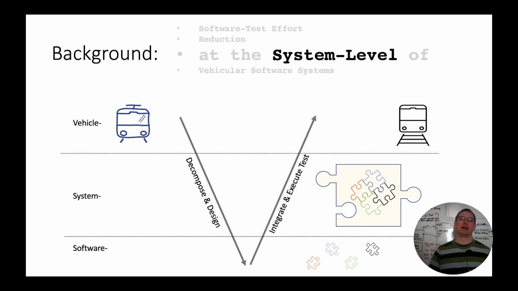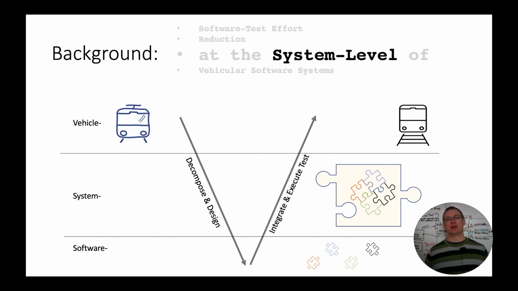The next part is to understand what the system level means. When you develop larger systems like a train or a car, you need to have different levels of abstraction. And you also need a strategy to break this down into small pieces that you can manage.